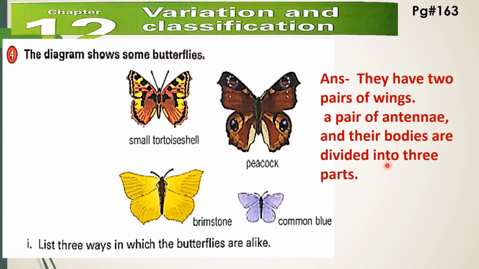So they have two pairs of wings, a pair of antennae, and their bodies are divided into three parts. You have to write this answer, please.